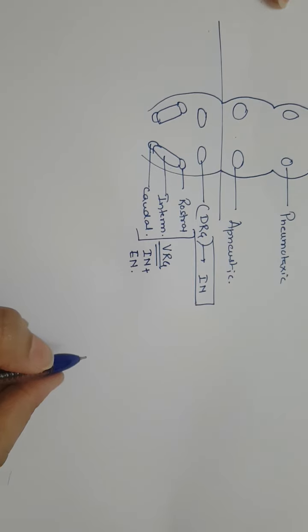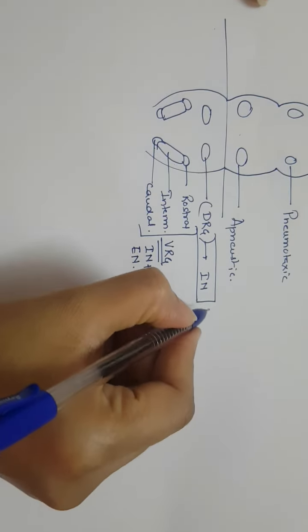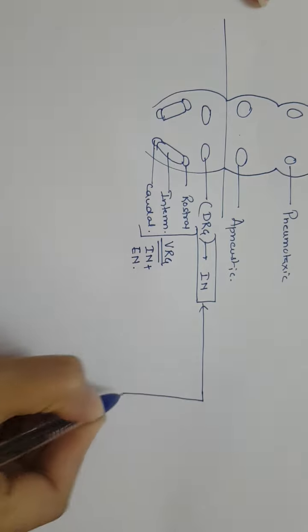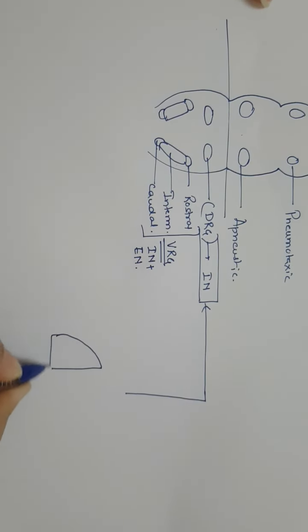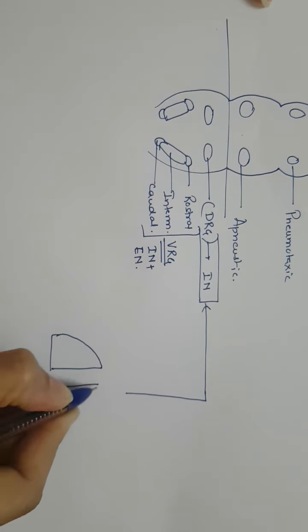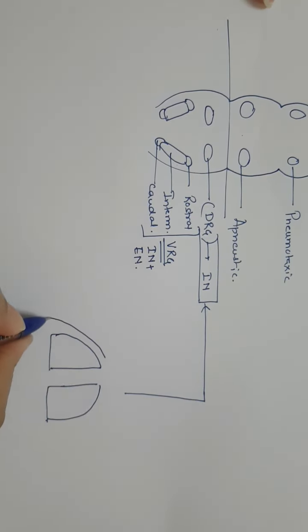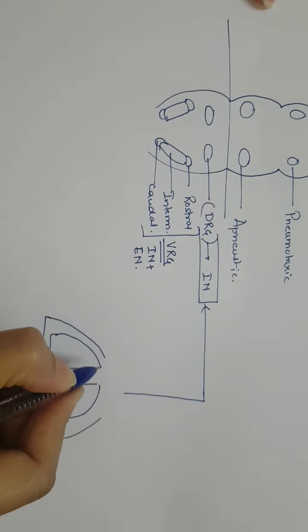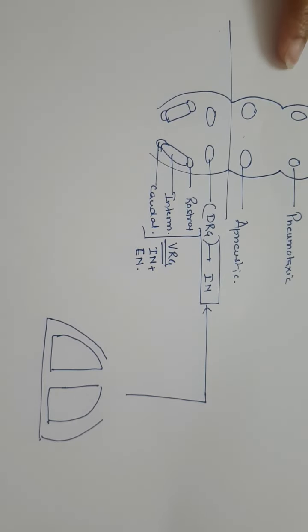Now how is this mechanism, how is everything related to each other? Let us see. This DRG gets many afferents to regulate respiration. Inspiratory neurons and expiratory neurons will act on the lungs and chest wall. The inspiratory neurons act on the muscles of inspiration, and expiratory neurons act on the muscles of expiration.